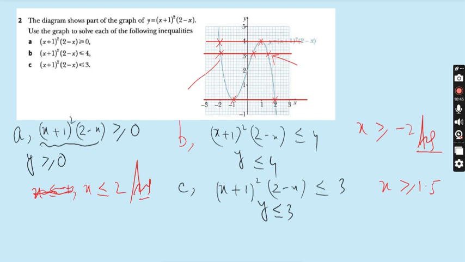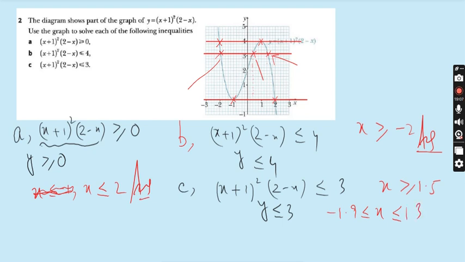Now this one and this one, what is the value of x at this point? The value of x at this point is minus 1.9, and the value of x on this point is 1.3.